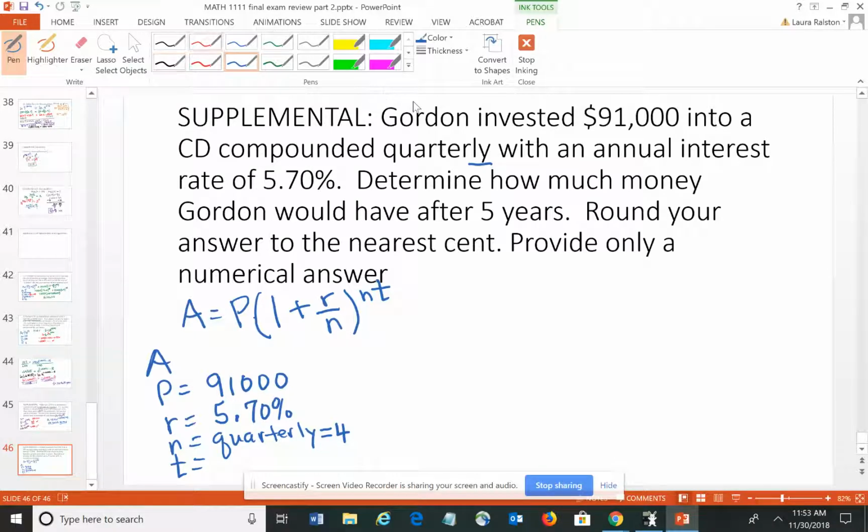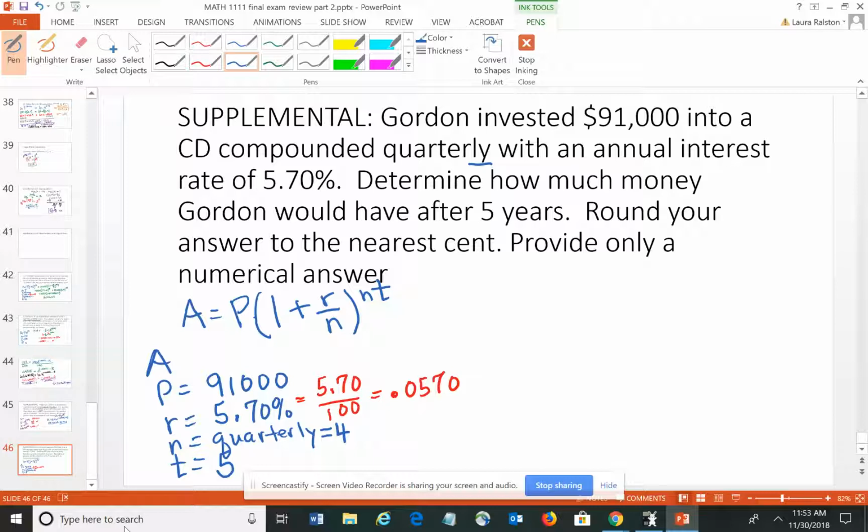Again, remember to change your percentage to a decimal. You take 5.70 divided by 100. You have 0.0570. And it wants to know how much money is Gordon going to have after 5 years. So we're looking for A.